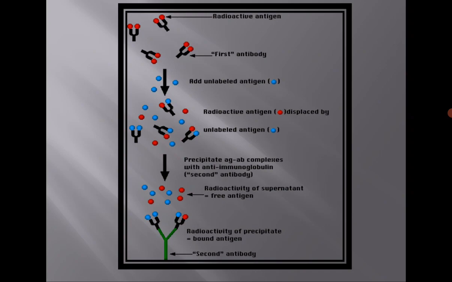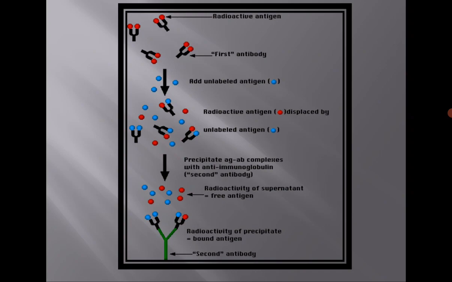There is radioactive antigen and first antibody; add unlabeled antigen, which is not radioactively labeled, right? Then it is displaced by radioactive antigen; precipitate the antigen-antibody complex with anti-immunoglobulin, which is the second antibody.